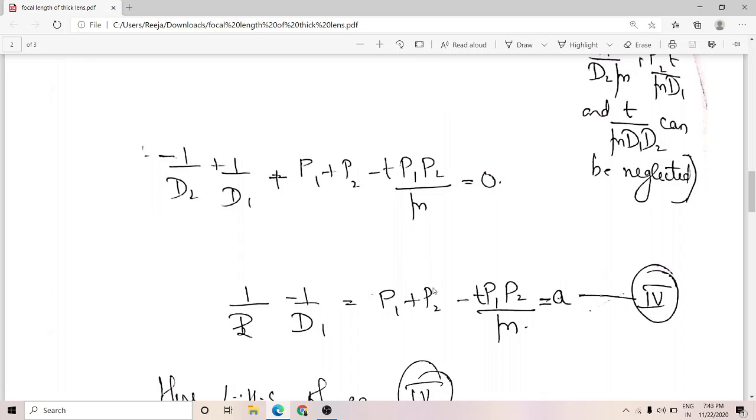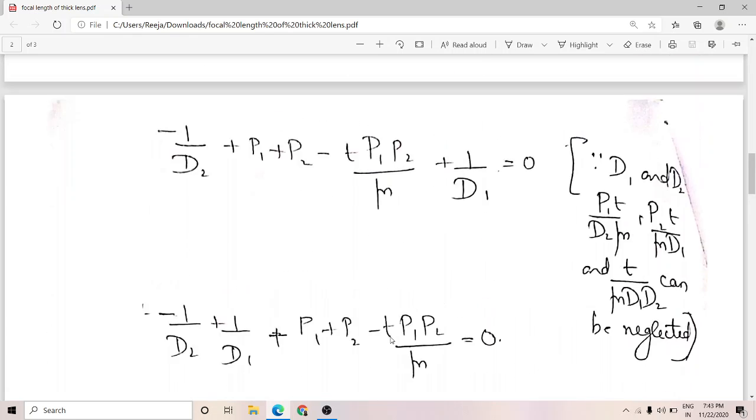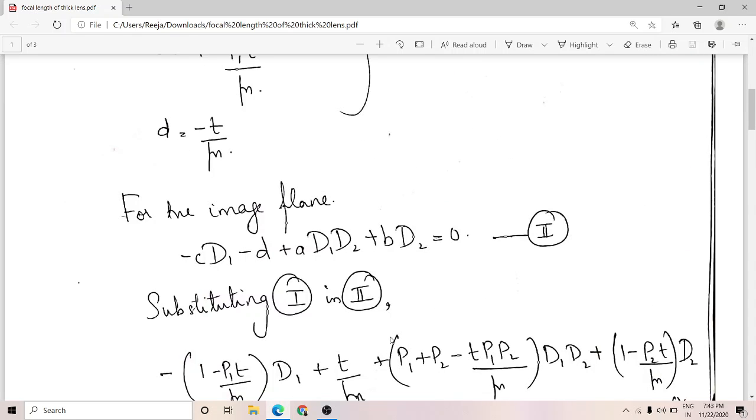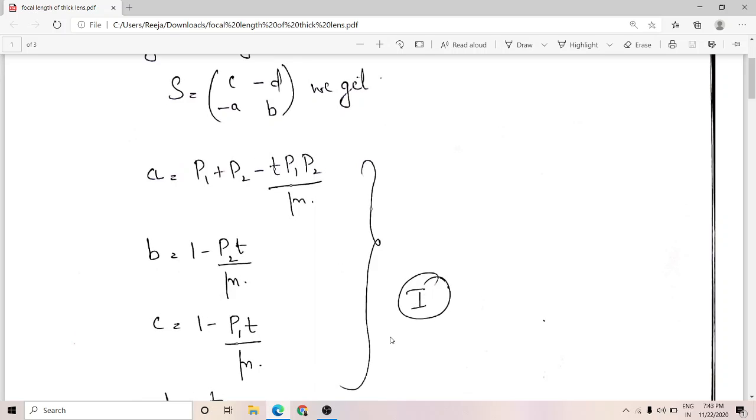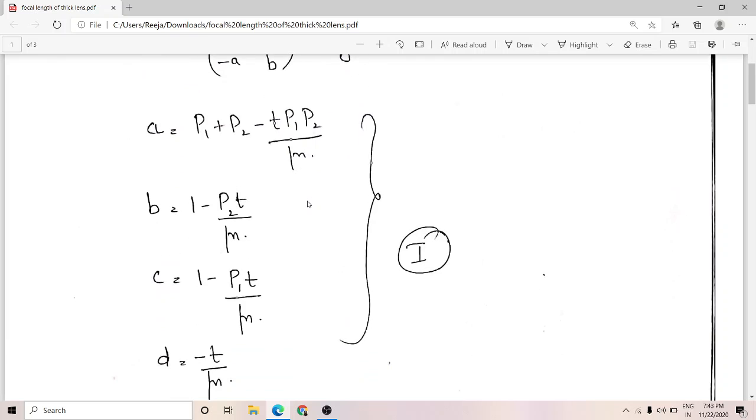In the system matrix for a thin lens, you just had these two terms, that is p1 plus p2. But here you have p1 plus p2 minus t p1 p2 by mu. This is the Gauss constant small a, same as in the thin lens, where p1 plus p2 was our A. Similarly, here p1 plus p2 minus t p1 p2 by mu is our small a.